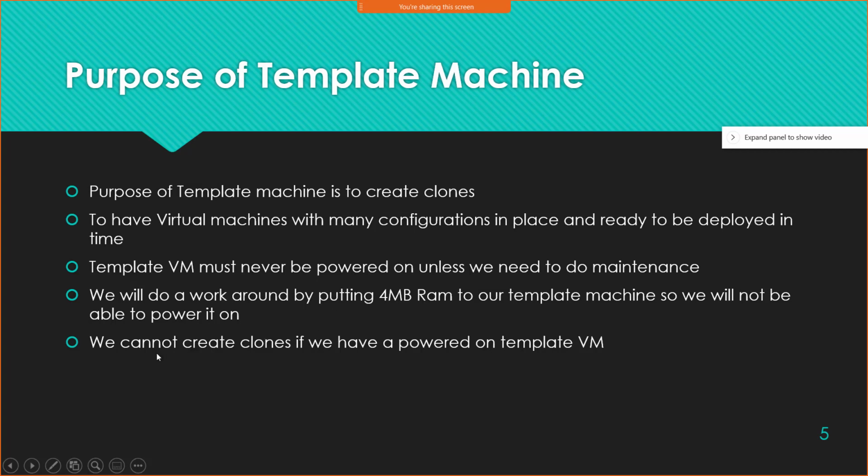That's the only thing. We cannot create clones if we have a powered-on template VM. So I need to make sure that the template VM is shut down forever. While I'm doing those steps, I'll be explaining what I'm doing.